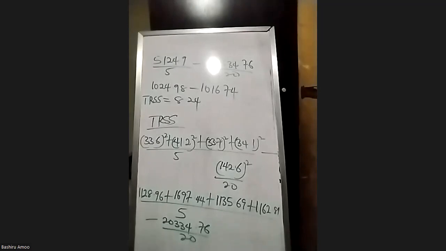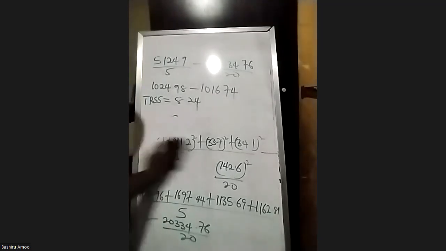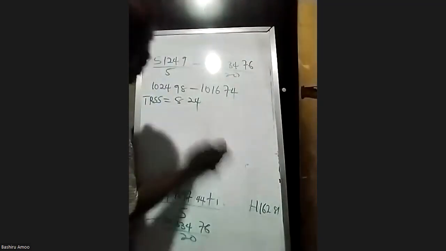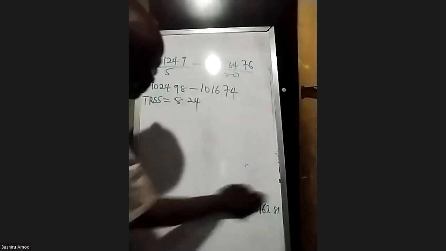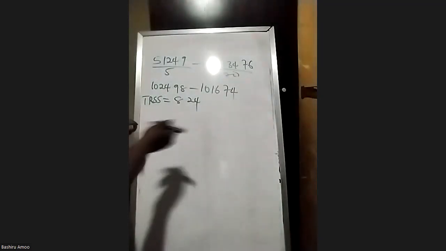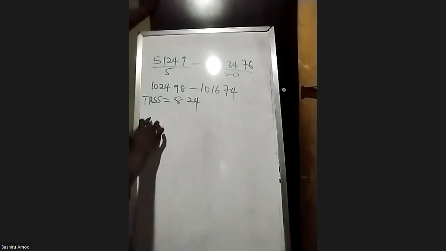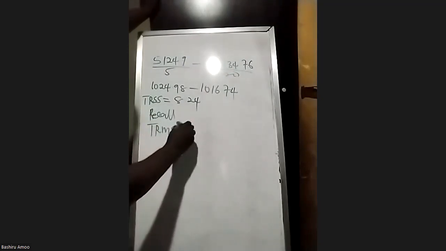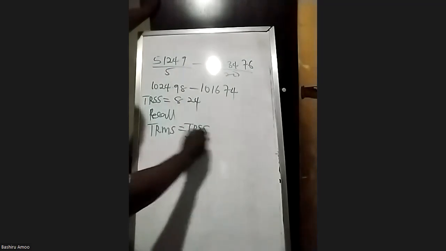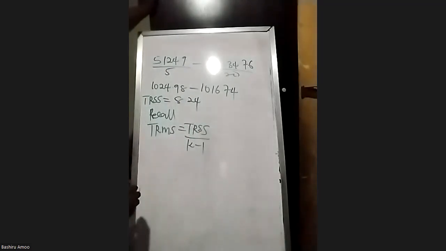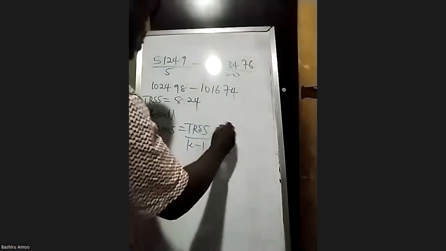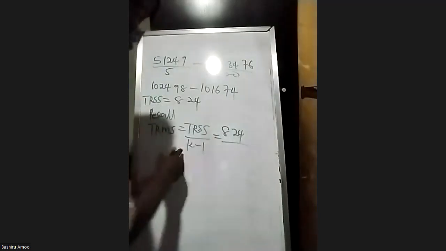So now, if treatment sum of square is equal to 8.24, then I can easily get my treatment mean square based on the formula. Recall that the treatment mean square is equal to treatment sum of square divided by k minus 1, right? Now how many treatments do we have?